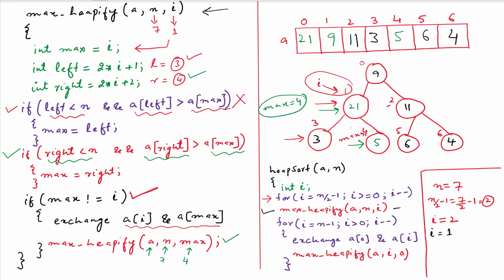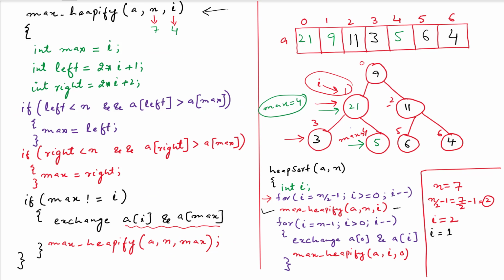Fine, and this time when we go up, we will have this n value as 7 and I value as 4, and let me remove all this that I have written here. Now the value of I is 4, and this 4 will be assigned to this max, so I is having value 4 and max is having value 4.